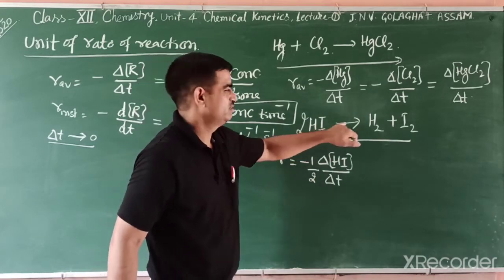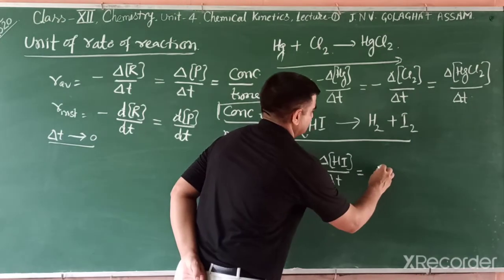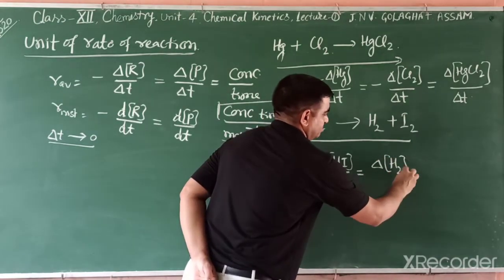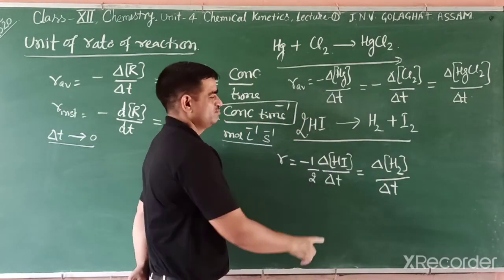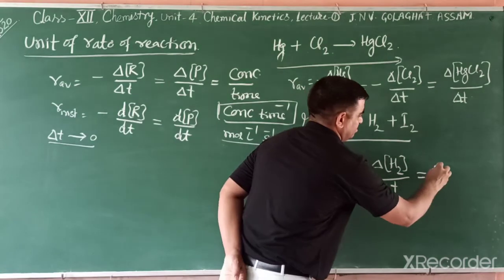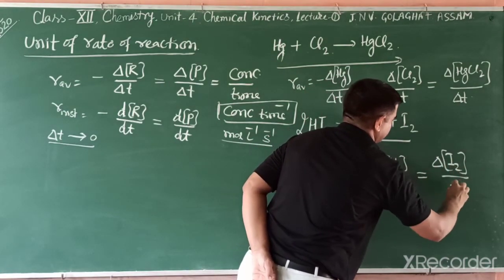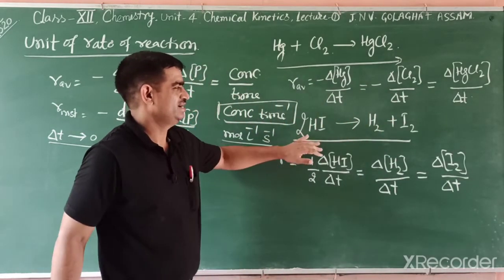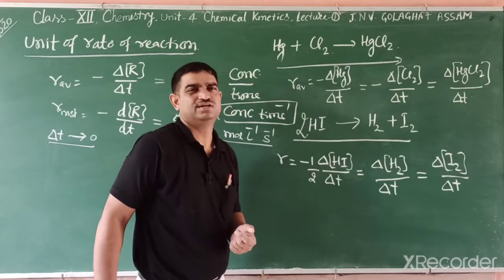Because it's 2 moles, while the other has 1 mole. The other one is equal to the change in concentration of product hydrogen divided by delta t, with a plus sign. The other one is equal to delta [I2] divided by delta t. So in this way we divide by the stoichiometry of the reaction, so all the rates are equal.